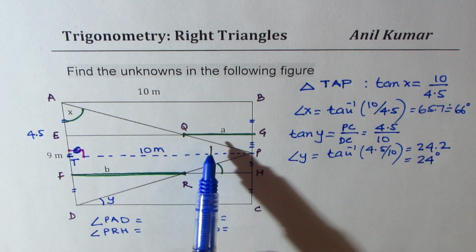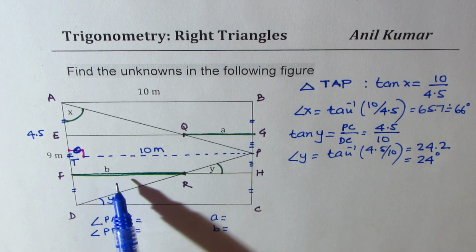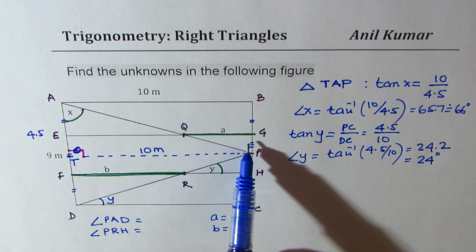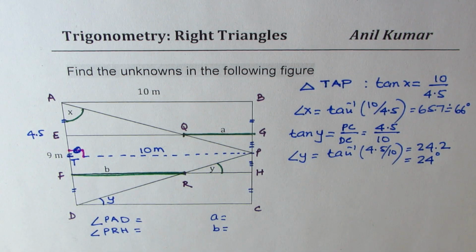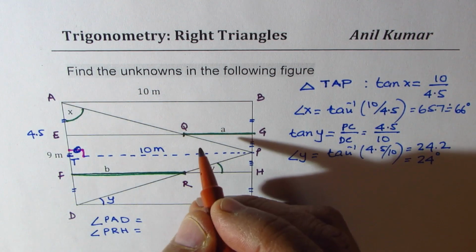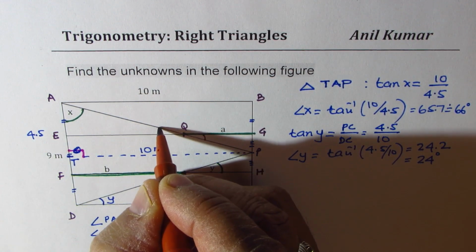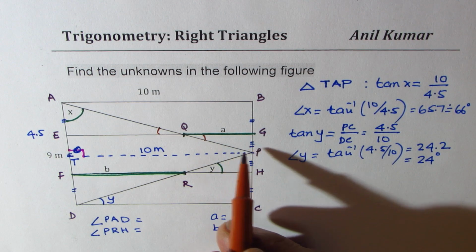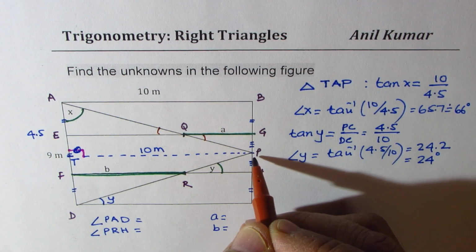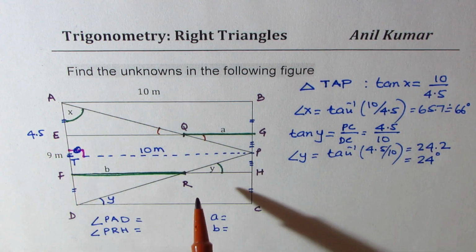Now how do we find sides A and B? We can find it using similar triangles, correct? Now as you can see, these two triangles are similar, where the side GP is half of AE, correct?